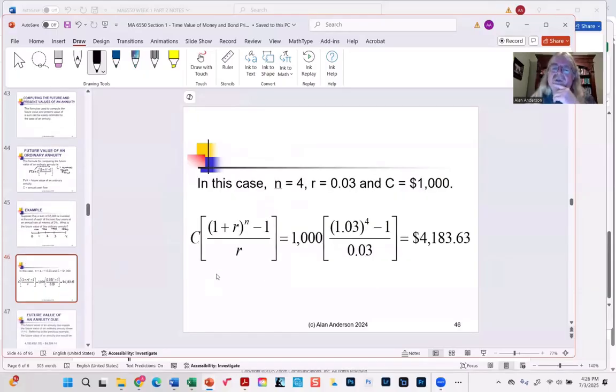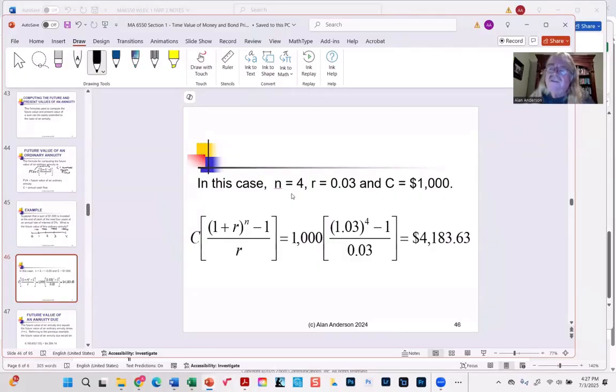And so in this case, we have 4 years, N is 4, the rate is 3%. And by the way, I'm assuming here annual compounding just to keep it simple. Later on, we'll see how to adjust the formula for other compounding frequencies. So you plug them all in and you end up with 4183.63.